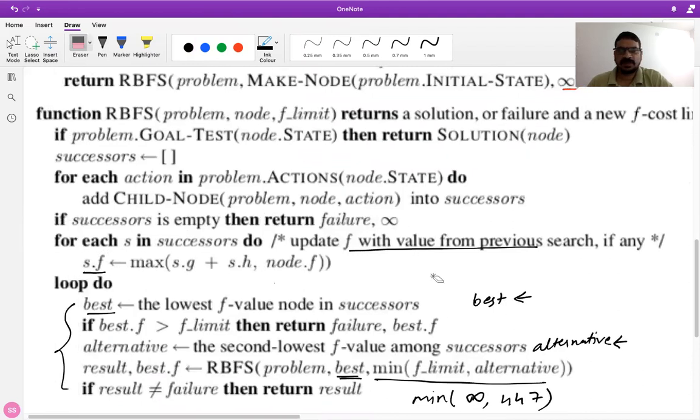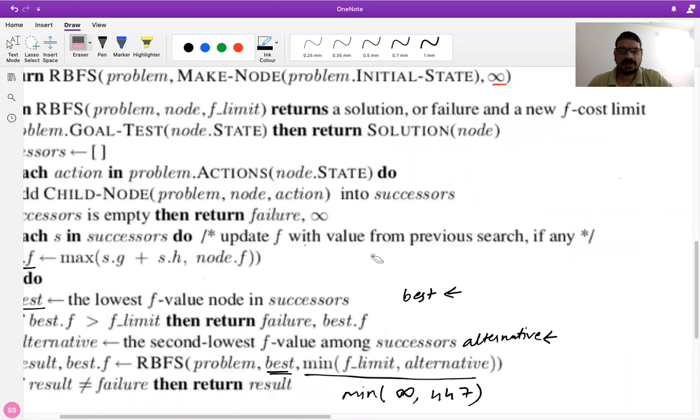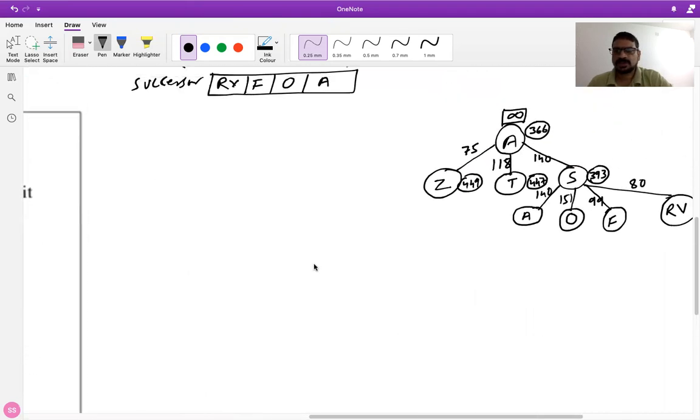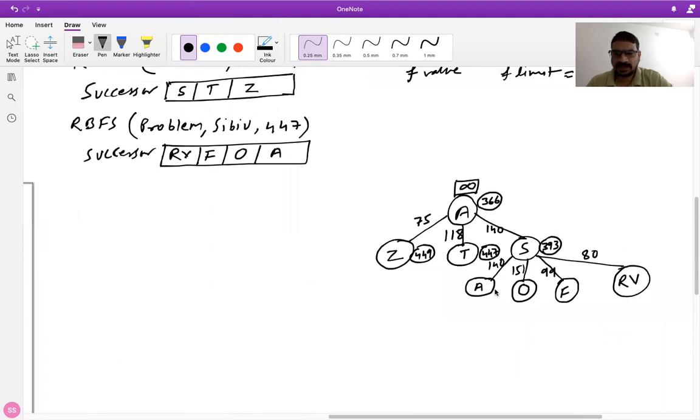The F value is found by a max function. First, we find the A star path cost plus heuristic, and compare it with the previous F value. If the newly computed one is the maximum, we'll consider the new one. Otherwise, we'll take the previous node's F value. We'll calculate one by one. Let's calculate for Arad.